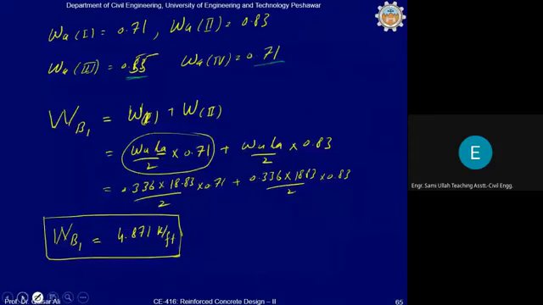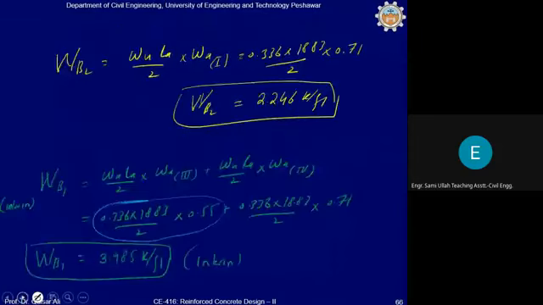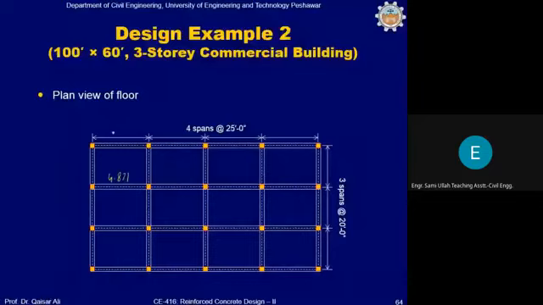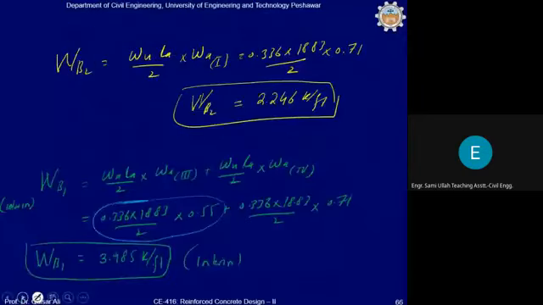Similarly, load acting on B2 exterior span was 2.246. Load acting on the interior span of B1 is 3.985.